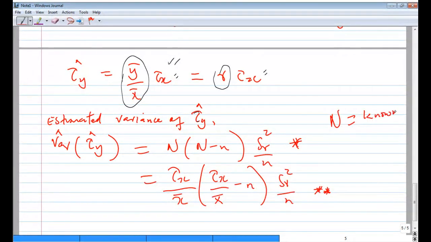However, if the population size is not given, if N is unknown, you can use the second one: tau x over x bar, open brackets, tau x over x bar minus n, close brackets, S_R squared over n.